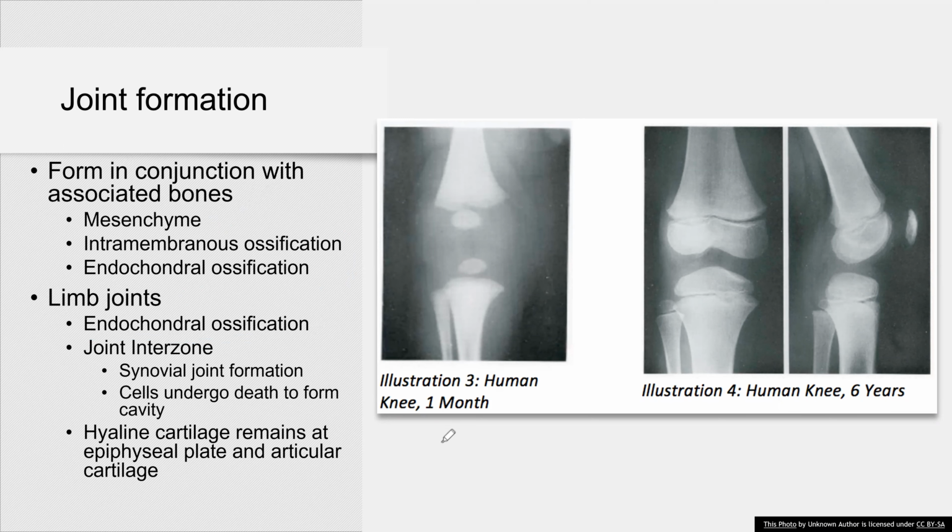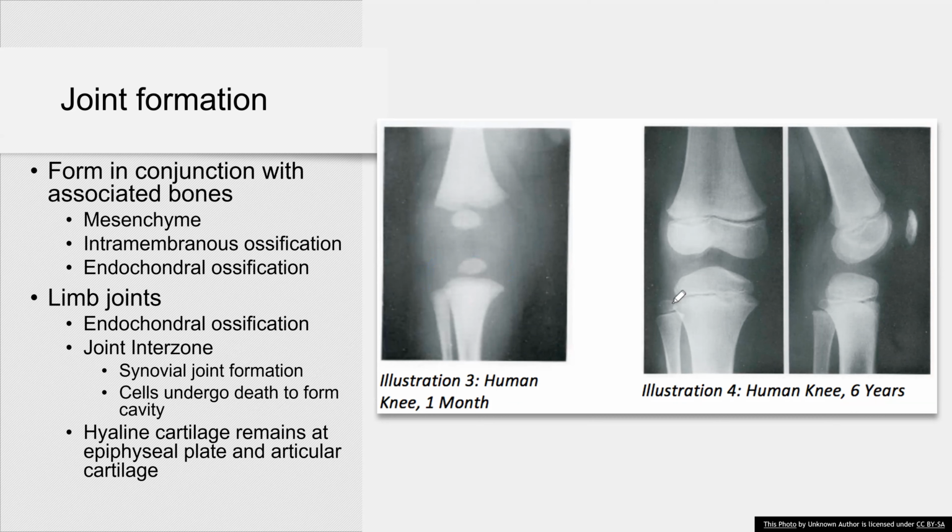So over here, you see a human at 1 month old. One month, already a human, right? So here, this part is still cartilage. This part is still cartilage. And then when this cartilage ossifies through endochondral ossification, the joint forms as well. So we have synovial joint formation.